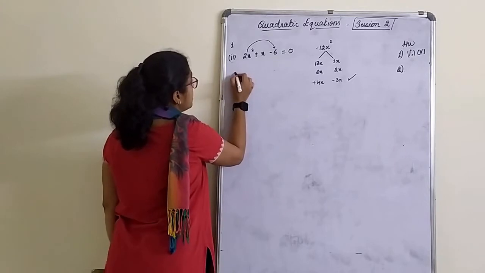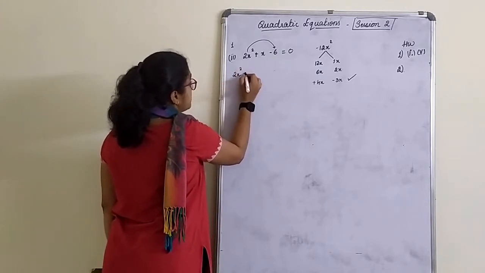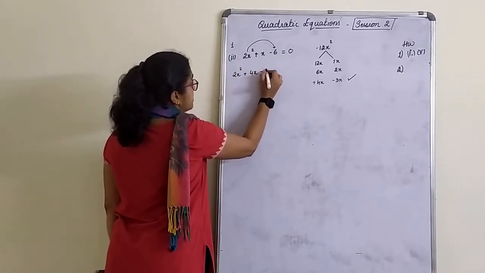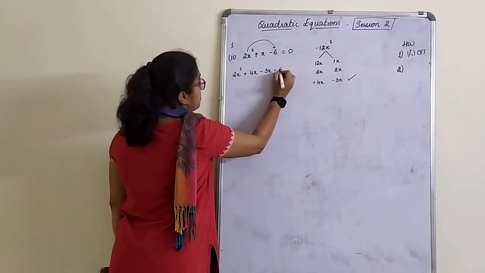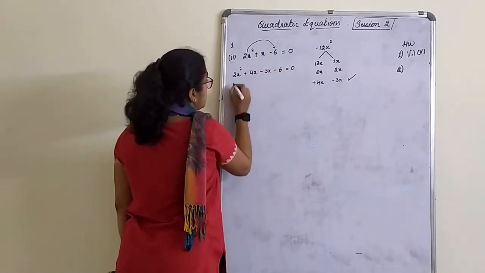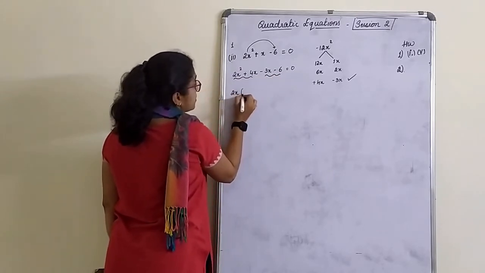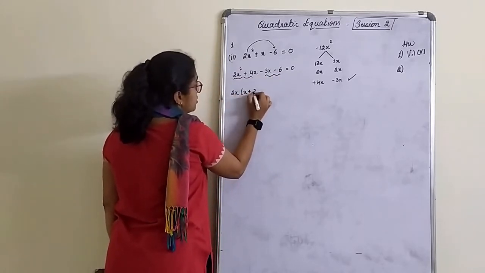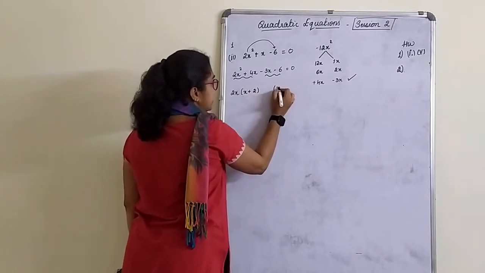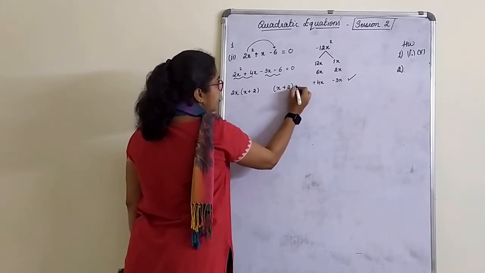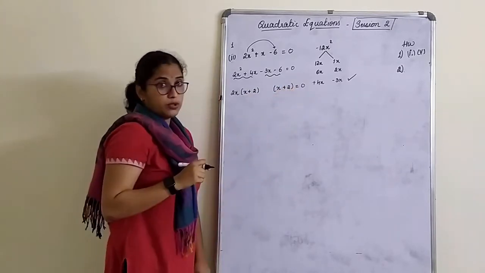So 2x square plus 4x minus 3x minus 6 is equal to 0. Club the terms. 2x common, so this is x plus 2. Without seeing anything, we will write the second bracket also as x plus 2. You all know that.